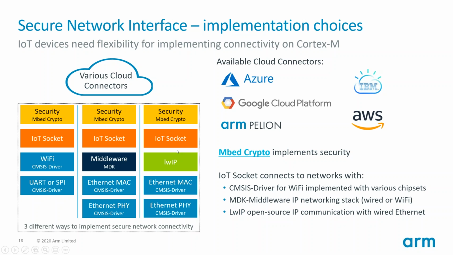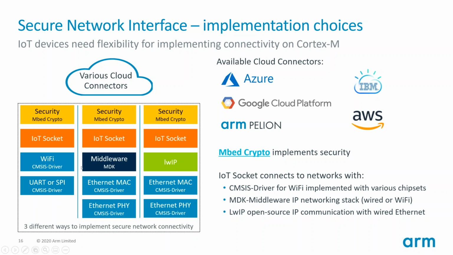And the differences then come really depending on the device. If it's an Ethernet-based device, then a middleware stack from MDK can be used, enabling TCP/IP on top of the Ethernet devices. Some third-party options are possible as well with an lwIP implementation.